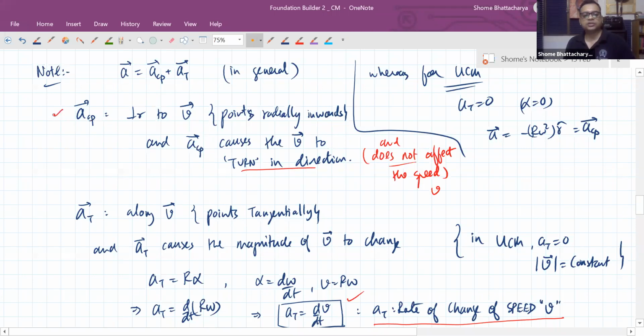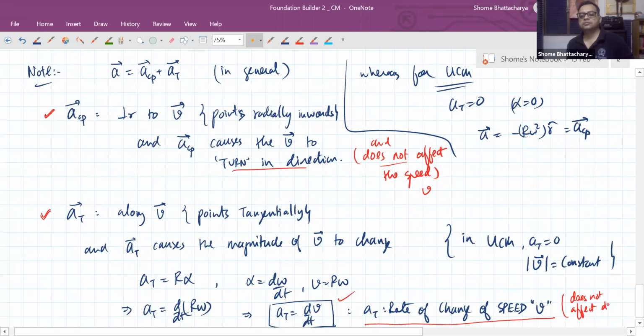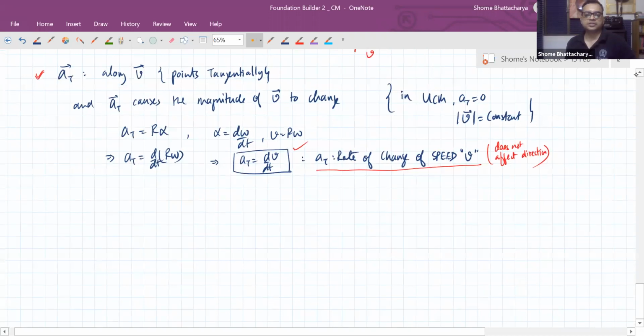This one's job is to turn the velocity vector without affecting the speed, and this one is to change the speed. It does not affect the direction. So it's the rate of change of speed. Conceptually, this is very important to understand, so make sure you write this down and understand it as you write.